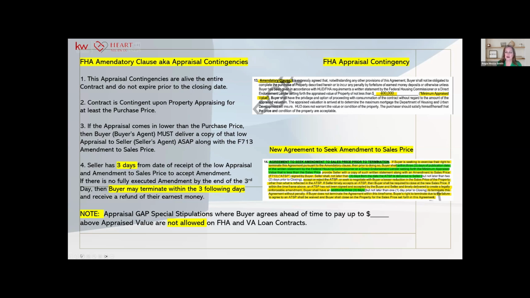When you're filling out the mandatory clause paragraph, aka appraisal contingency, in the loan exhibit, what you're inserting in that blank is always needing to match up with the sales price on the front of the contract.